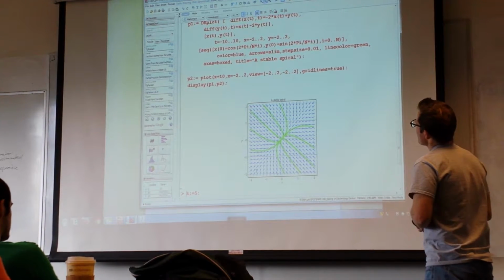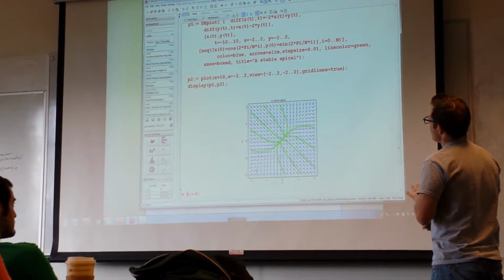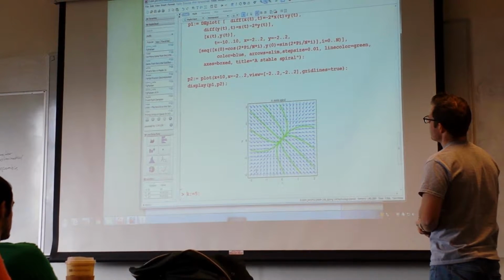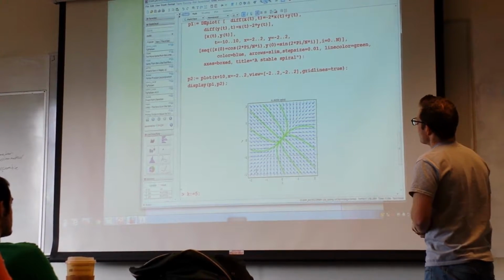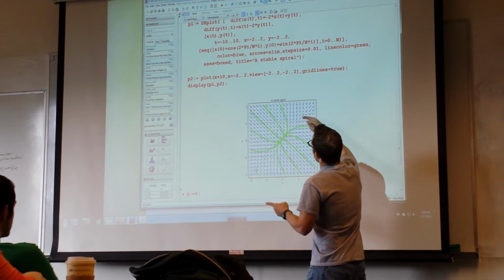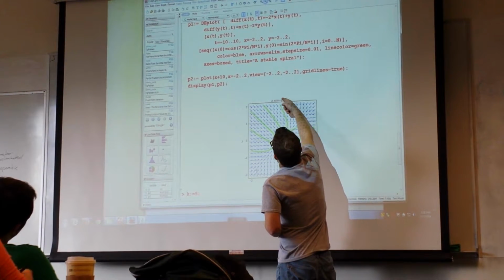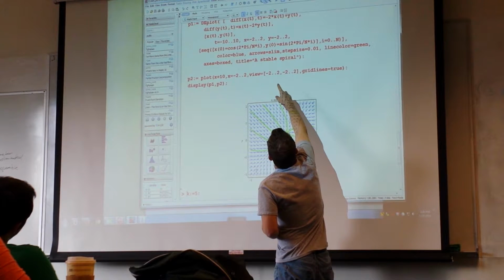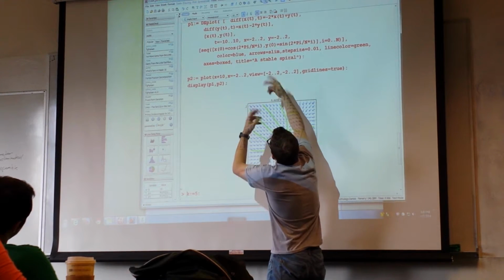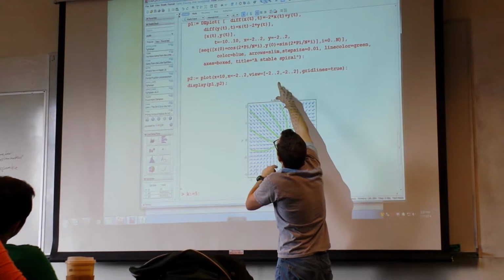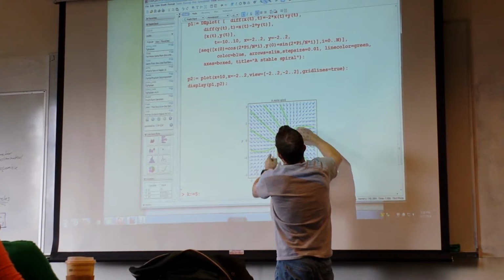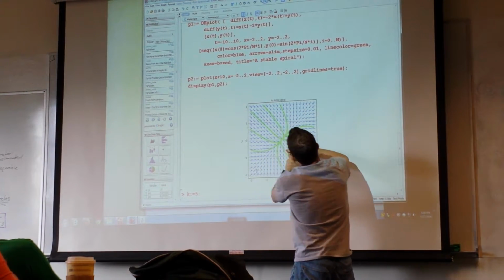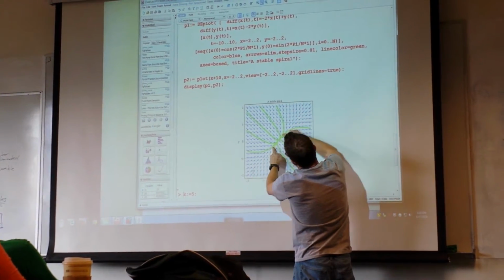And I think it is an improper node. It is stable though. Now notice when you put some of these in here, they're going to have captions, and that caption might not be right. See, a stable spiral, because I changed the equation. Whatever equation was here was a spiral. This is not a spiral. This is an improper node. They all come in and they're all tangent to a particular line.